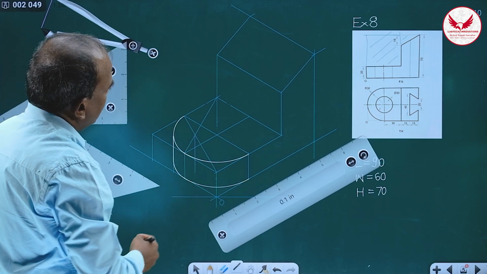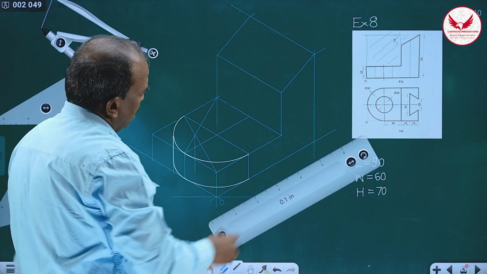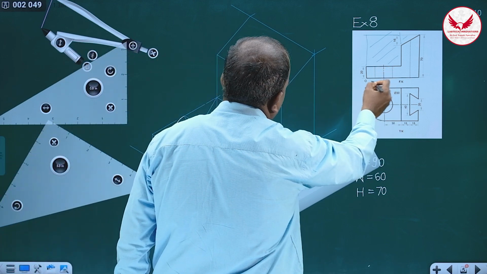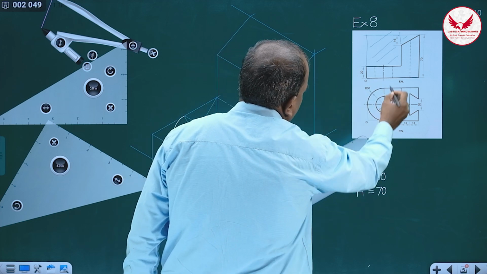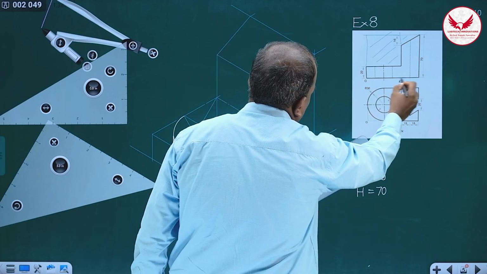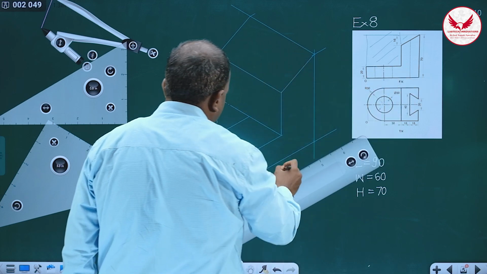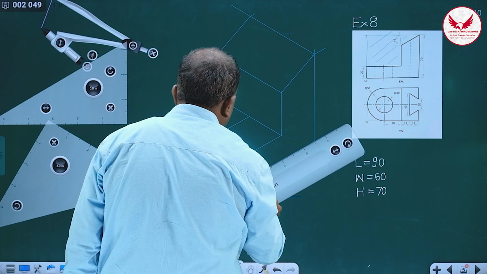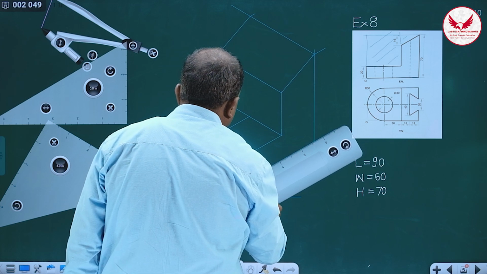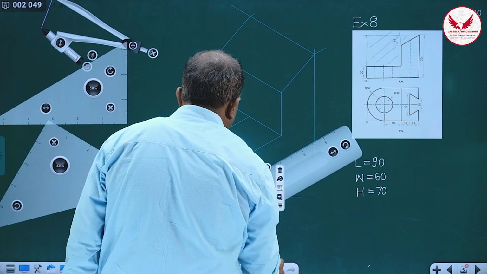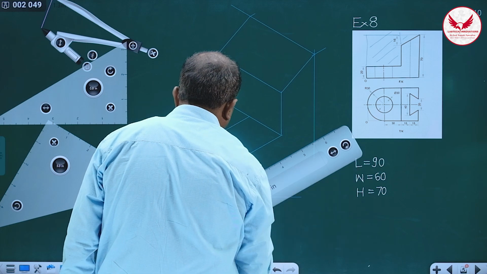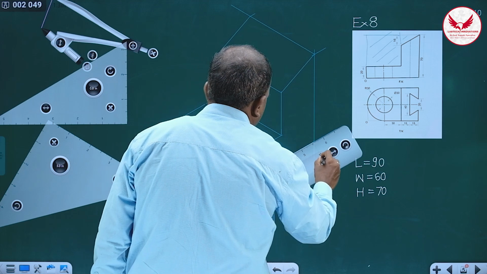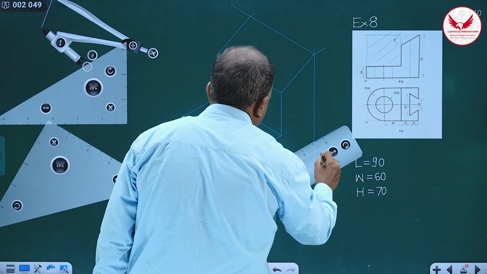Then the remaining outer portion. Now we have drawn this semi-cylindrical portion. Its thickness is 20, and afterwards it is throughout. If you see from O up to this, there is no obstacle. There is a single surface. Then straight away by using this scale, we can mark this as dark. This is 60.